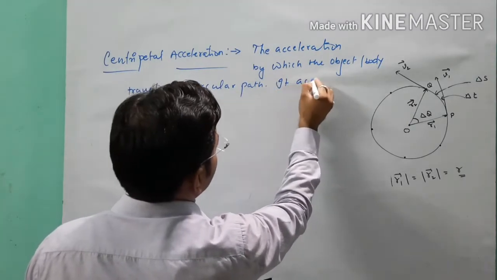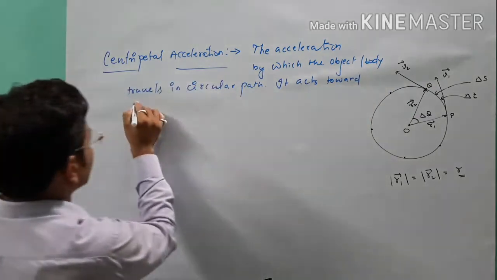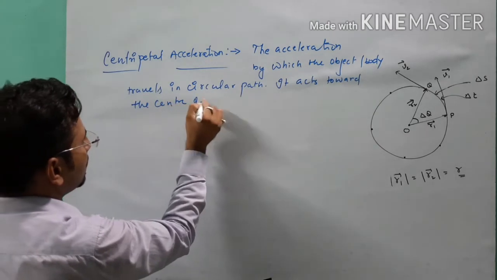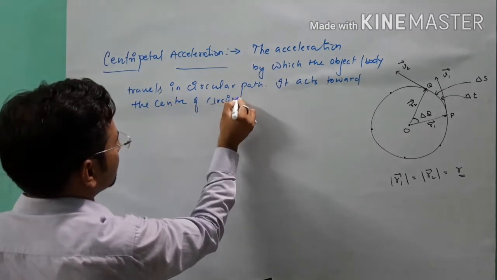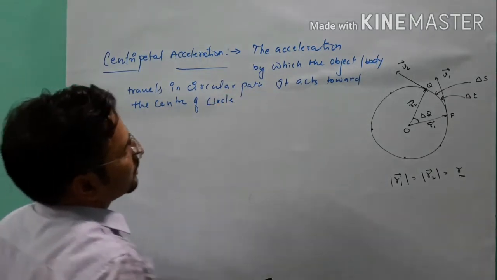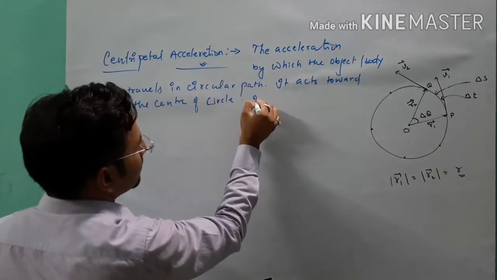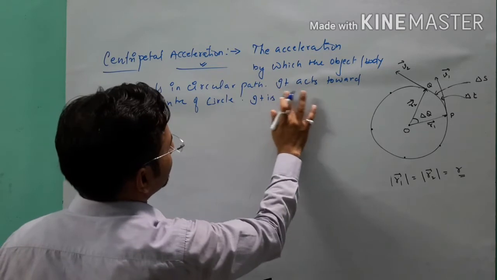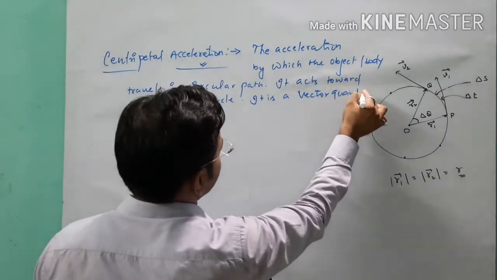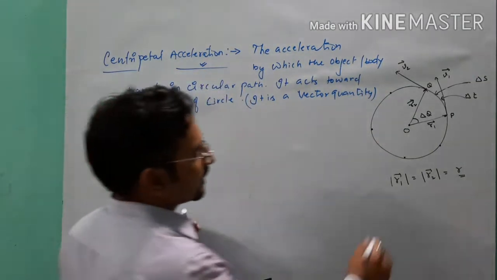It acts toward the center of the circle. As we know that it is an acceleration, so it is a vector quantity, and that's why its direction is toward the center of the circle.